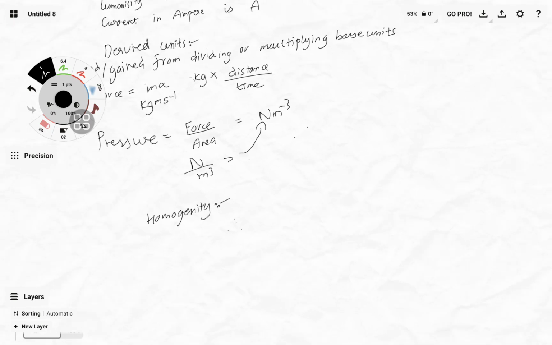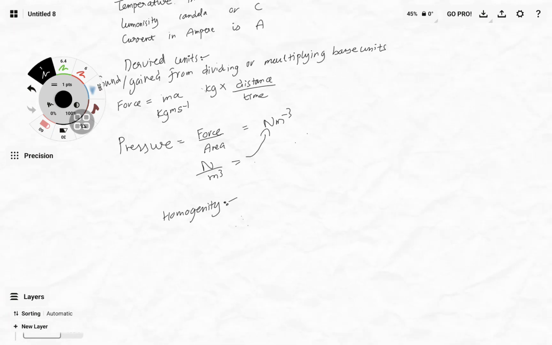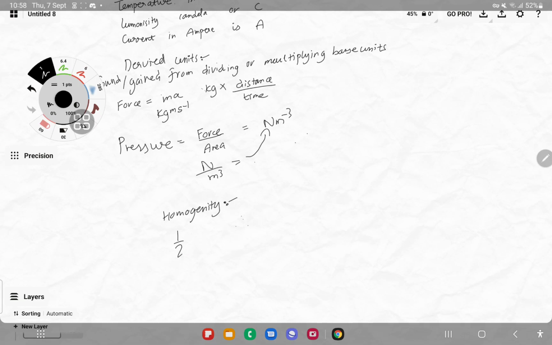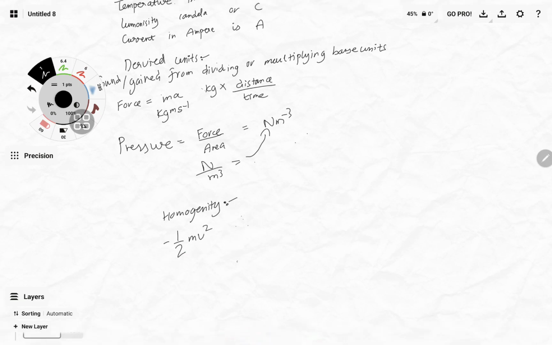Basically, let's say we have one half mass multiplied by velocity squared is equal to joule.